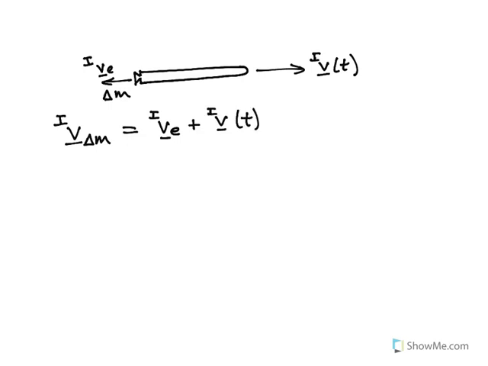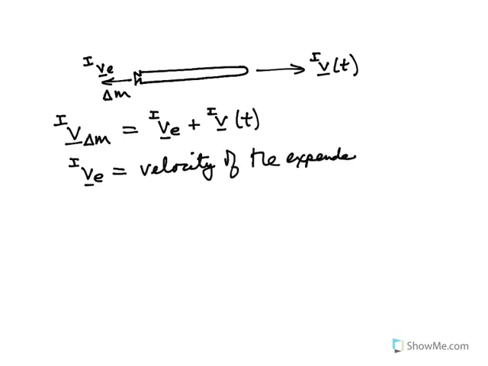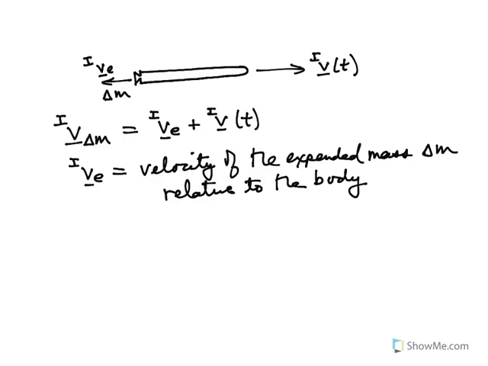Now, what do all these things actually mean? VEI is what's called the velocity of the expended mass delta m relative to the body, or relative to the vehicle. I could say the vehicle.